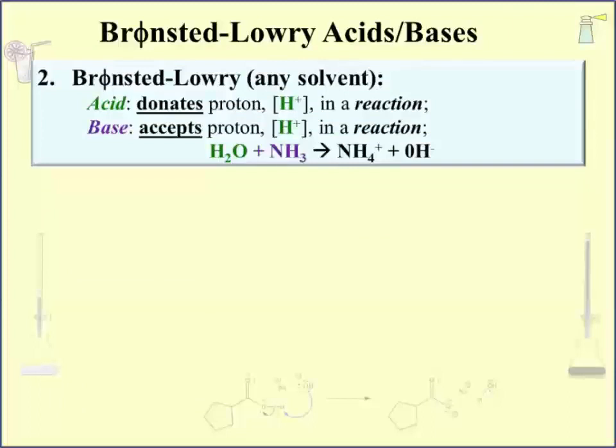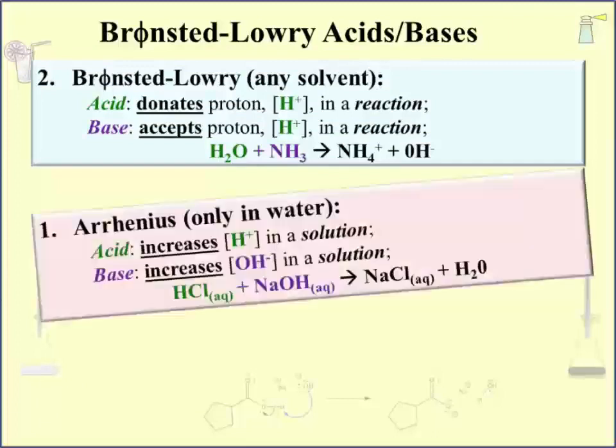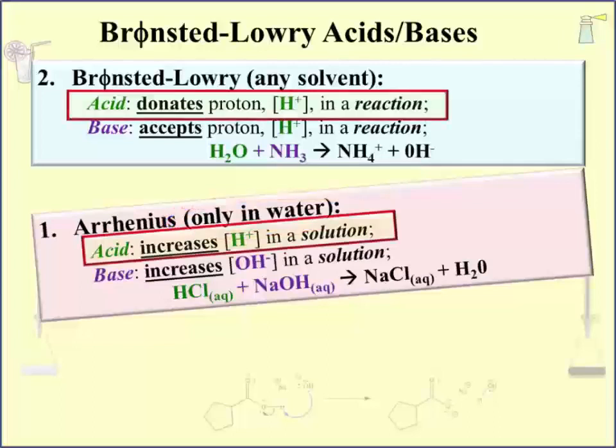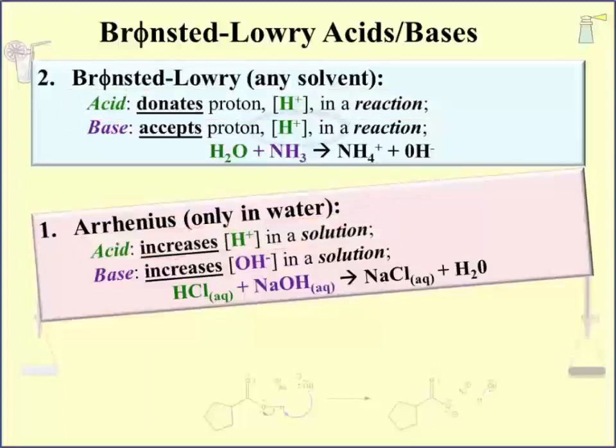The second important definition of acids and bases is the Bronsted-Lowry. It is broader than the Arrhenius definition because it is not limited to just aqueous solutions, like it is in the Arrhenius definition. A comparison of the definitions shows that for acids, they're really quite similar. Both are giving up a proton.